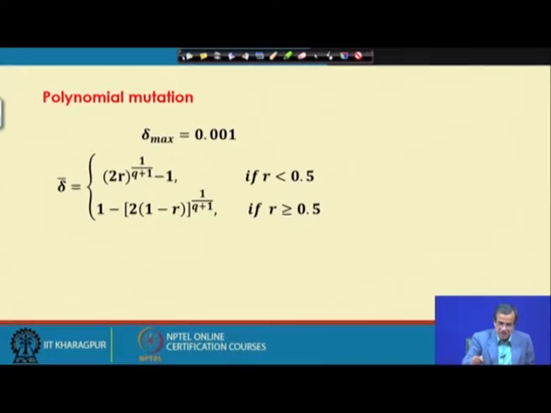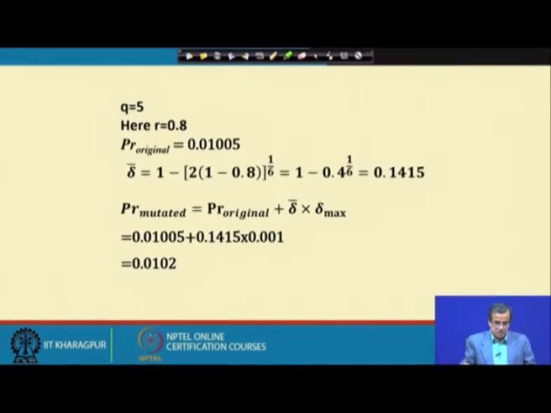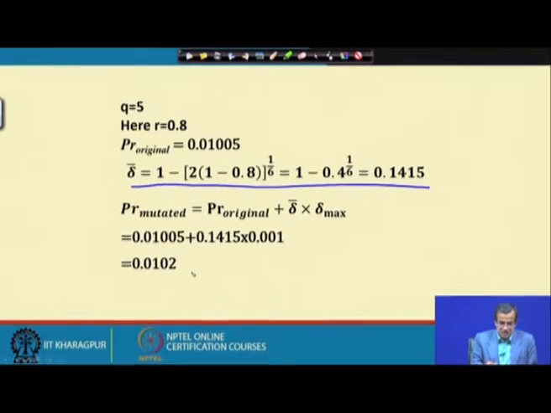Now, using this particular principle, that calculation shows here in fact. So, q equals to 5, r I have taken 0.8, P r original is this, and this is nothing but the delta bar now. Using this, I can find out the mutated solution.